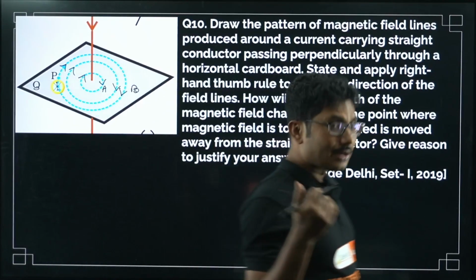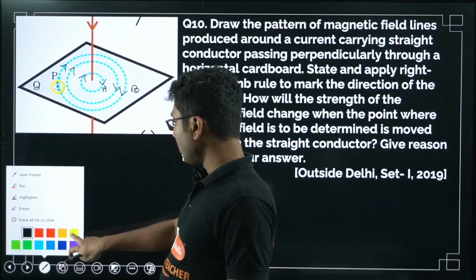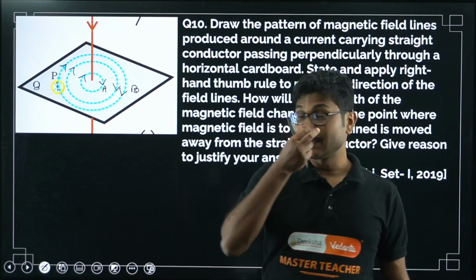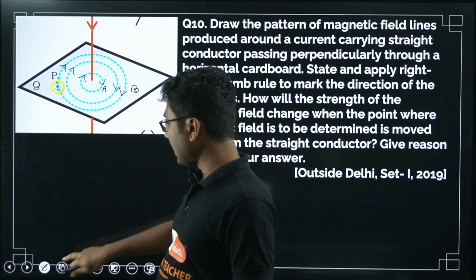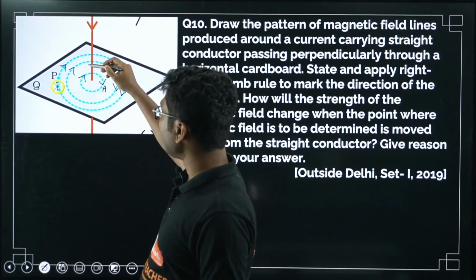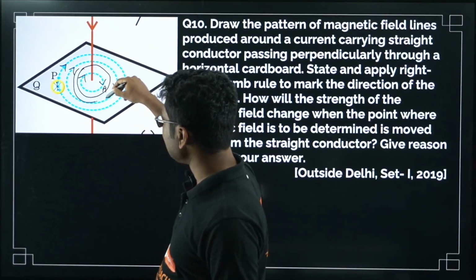Now there are two ways to give the justification. First of all is your experimental justification. During the experiment we see that the number of field lines near the current carrying wires are more, they are densely concentrated.